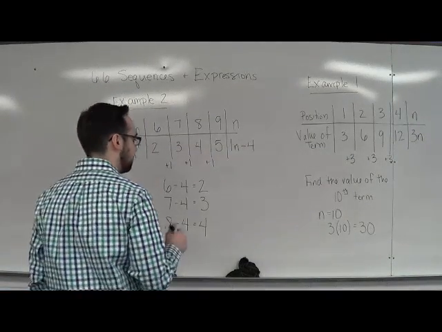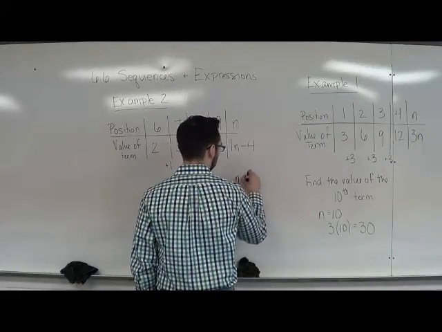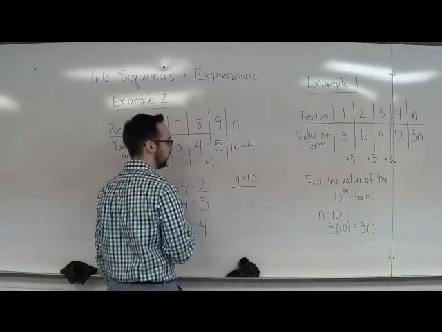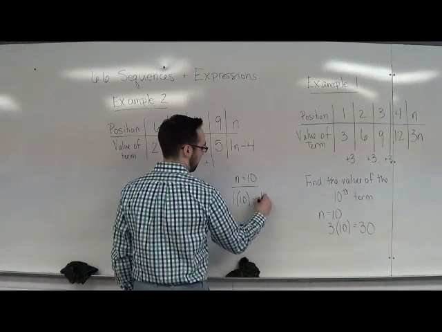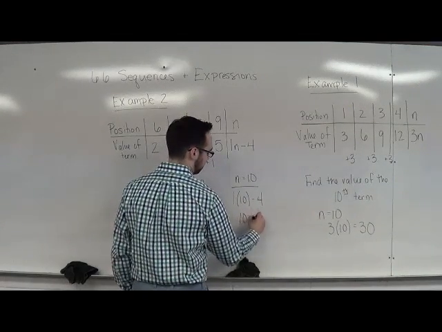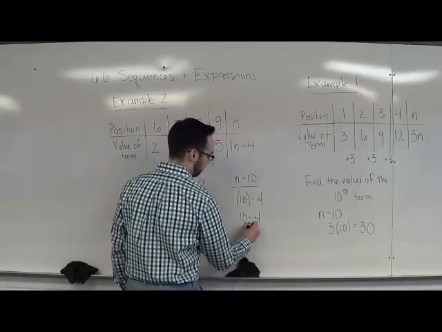Now again, let's find the value of n equals 10. Let's find that 10th term. So if I plug in 10, we have 1 times 10 minus 4 gives us 10 minus 4, which will give us 6.